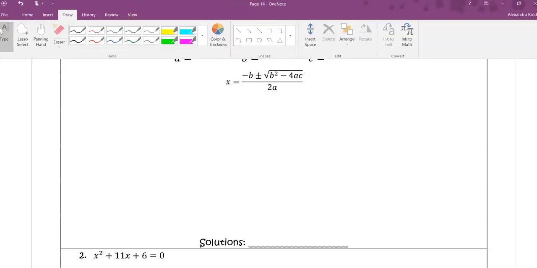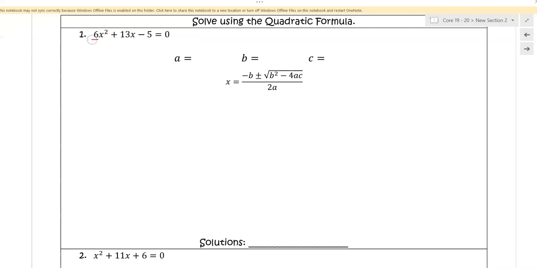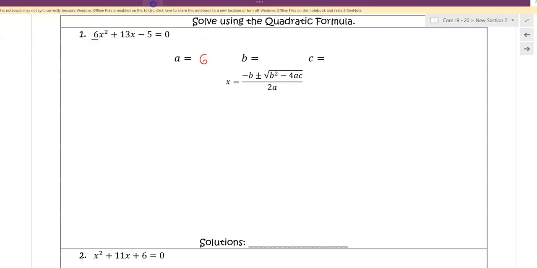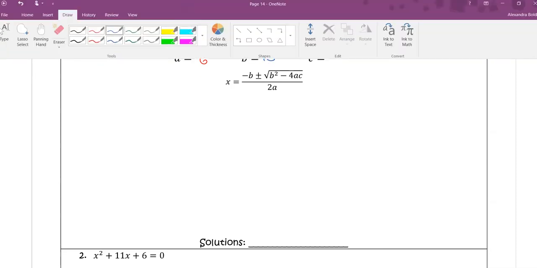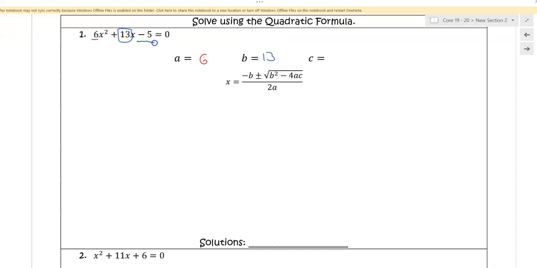So in this example, our A is 6, B is 13, and C is -5. So I'm going to plug these in with parentheses.